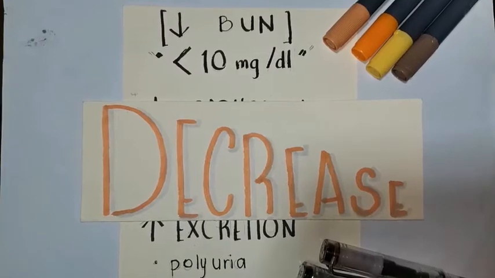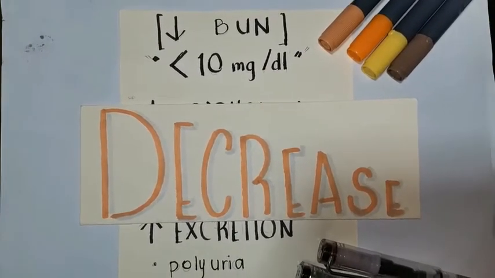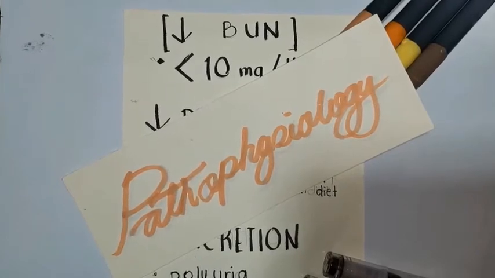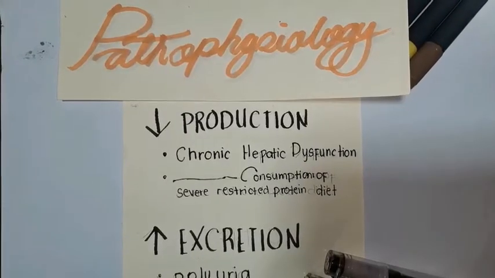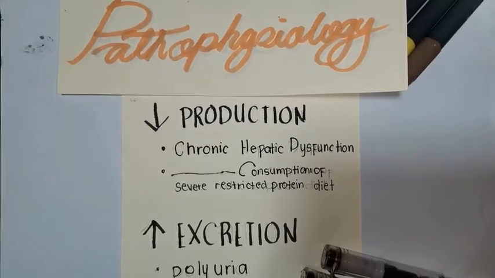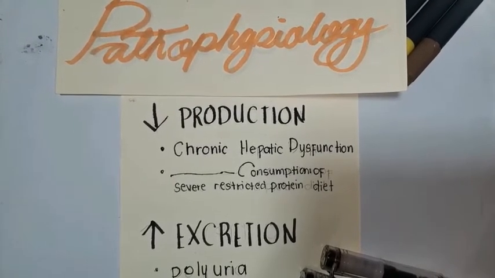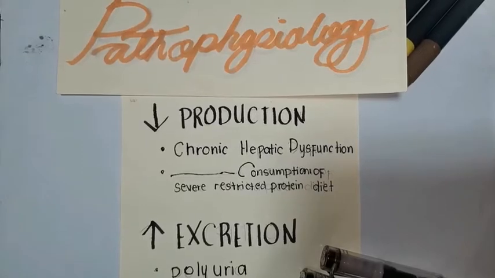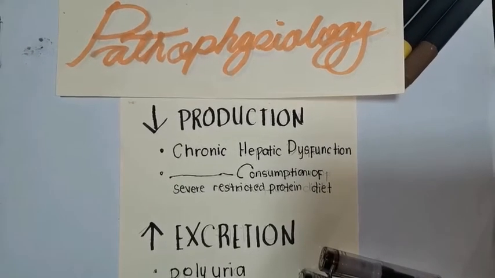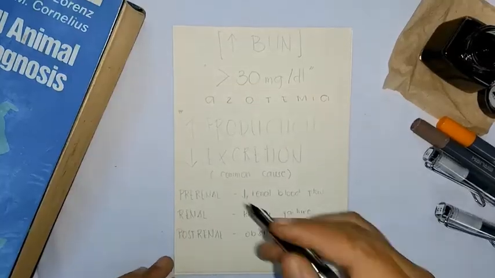Decrease in BUN level is defined as less than 10 mg per deciliter. Pathophysiology: decrease in production is most commonly associated with chronic hepatic dysfunction or long-term consumption of severely restricted protein diets. Increased urea excretion causing low BUN is often observed in animals with significant polyuria.